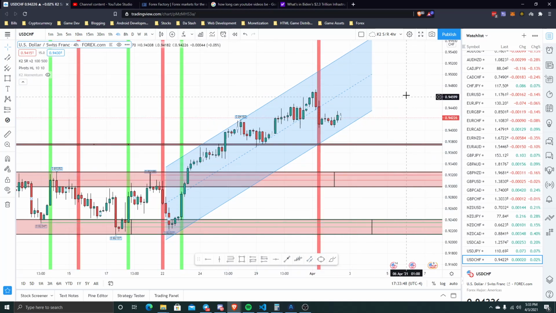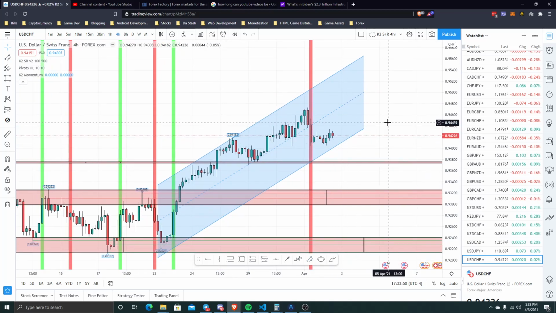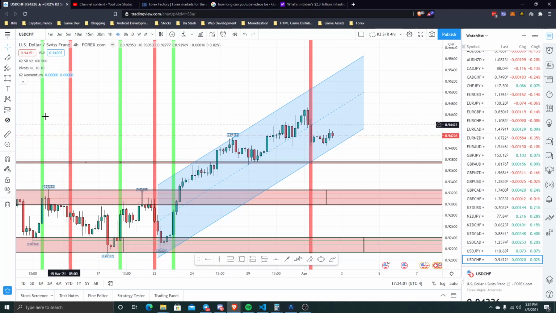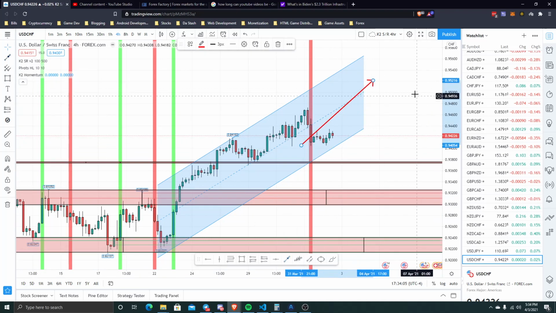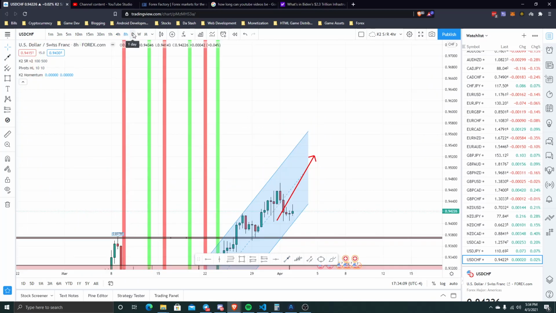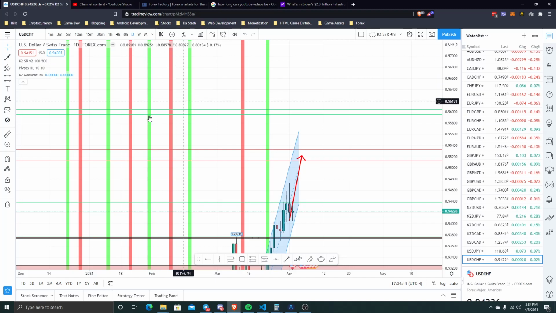And with our current bias, we have a bearish bias. But like I said before, with USD news, if there's good USD news later this week, then this pair is going to continuously go up until we hit that next zone, which will be up here.